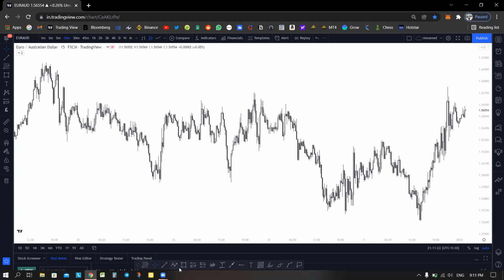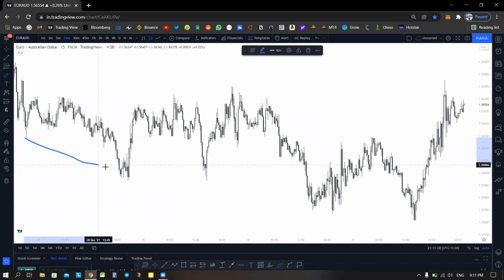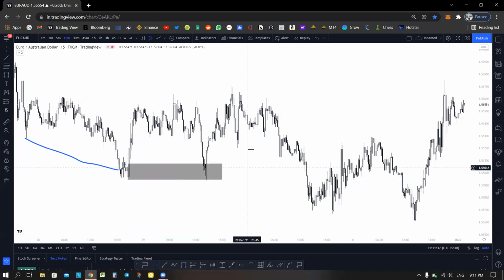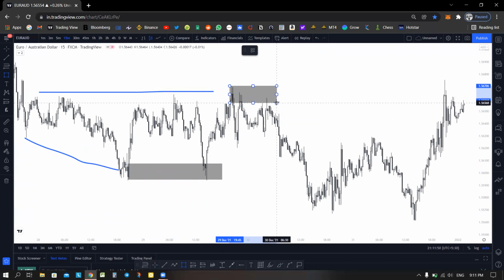This order block has taken out liquidity from all these areas, so this will be your bullish order block. This one also took out liquidity from all these areas, so this one can also be your good bearish order block.